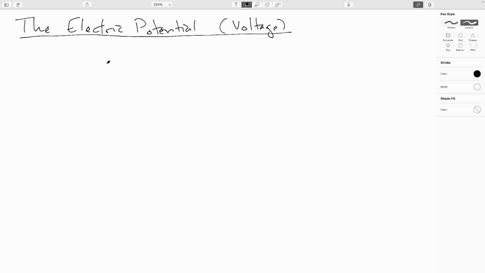Anyway, with all of that, we will go ahead and define the electric potential or the voltage. The symbol for it is a capital V. Remember, the triple equal sign means by definition. So this is associated with a location. Say at this location right here, I decide to stick a charge Q there.